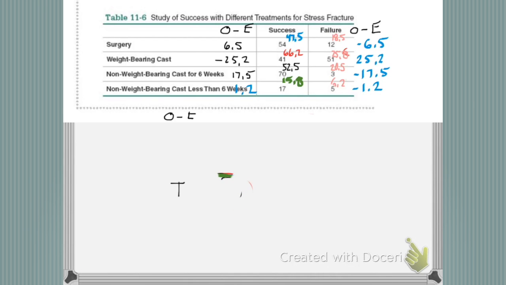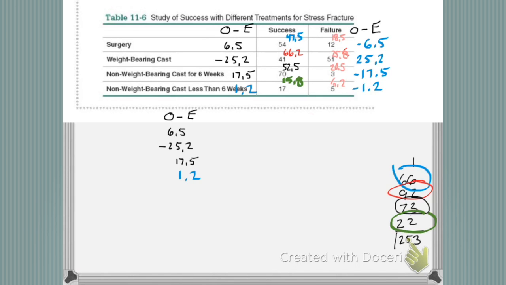Now I want to recopy my expected and my observed, or at least the difference of. So don't mind me rewriting these, doing some stuff over here and over there, and stuff is still going on.